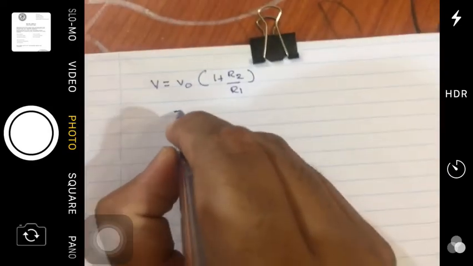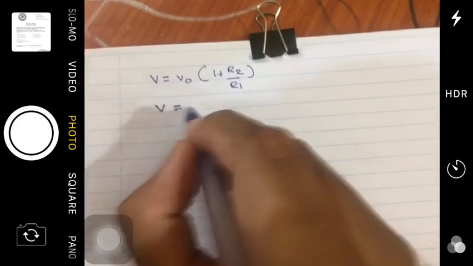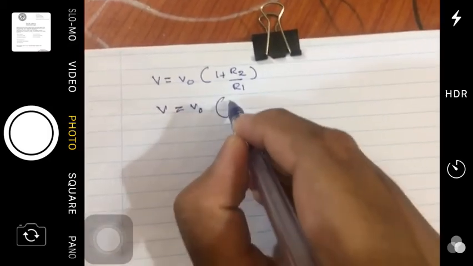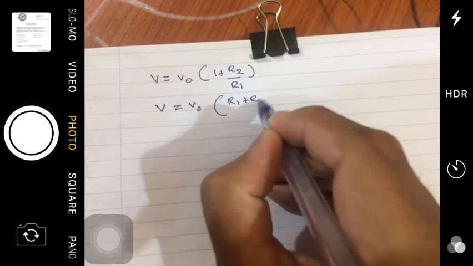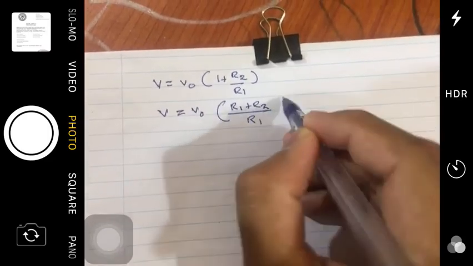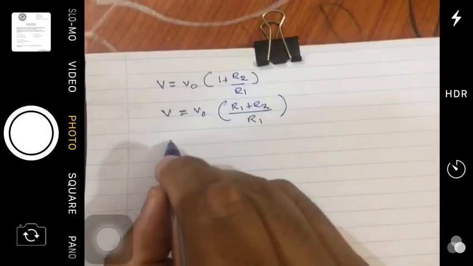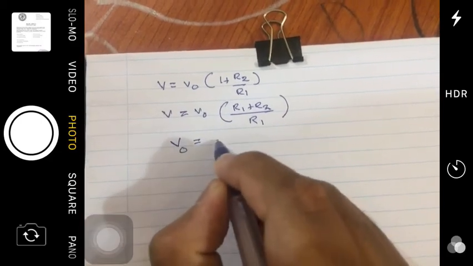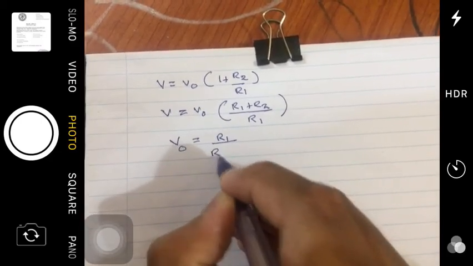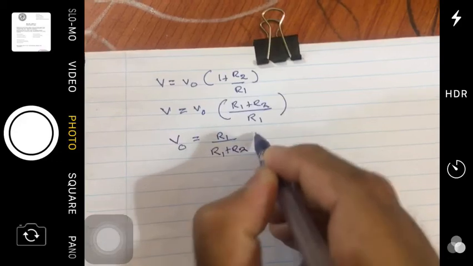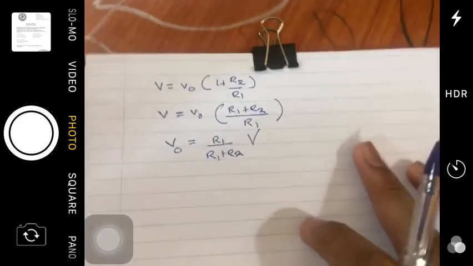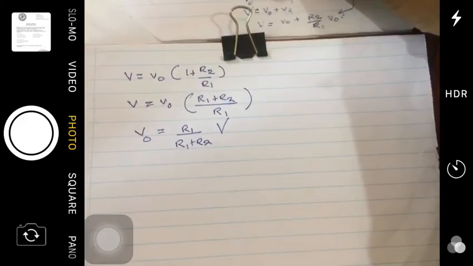Yeah, that would be V equals V naught times R1 plus R2 over R1, and if you change the subject, V out would be R1 over R1 plus R2 into the terminal potential difference, the entire potential of the battery.